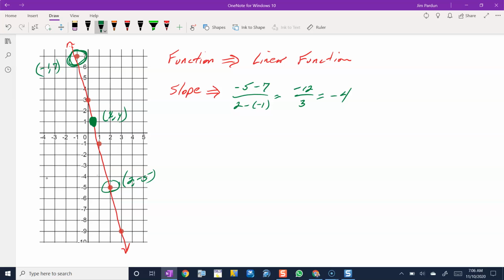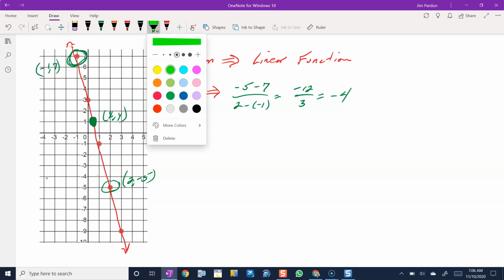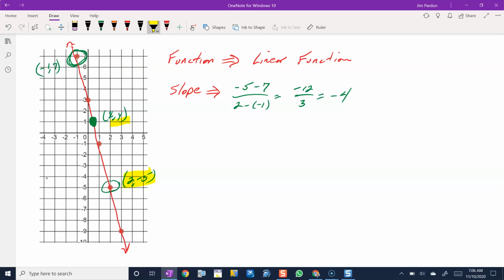And I know that if I were to find the slope between this point (2, -5) and this point (x, y), and again, it doesn't matter which point you choose, that's the beauty of mathematics here, I can take y minus -5 over x minus 2, and I know that it has to have a slope of -4.